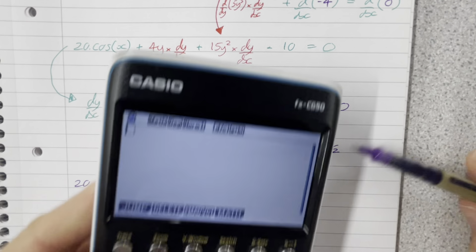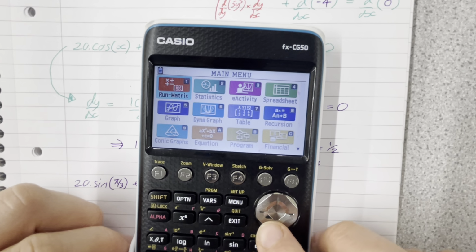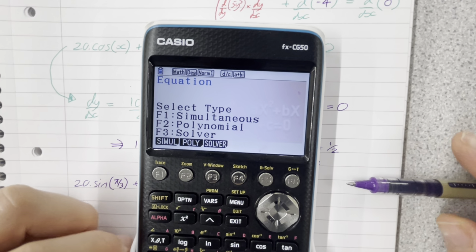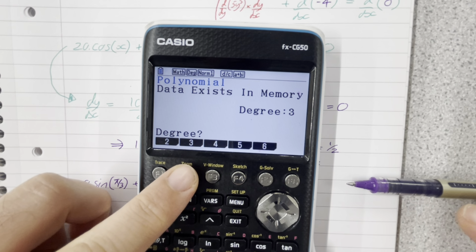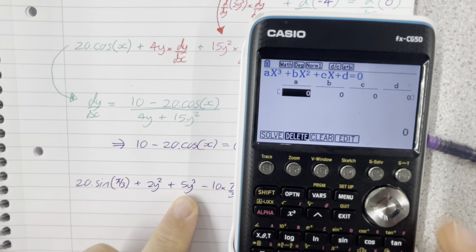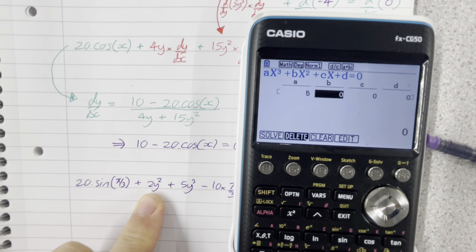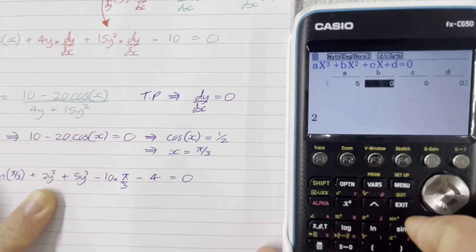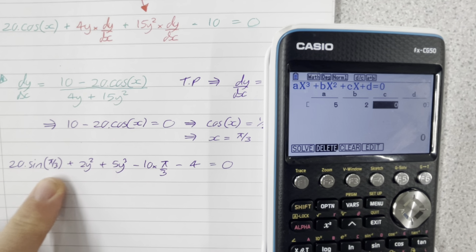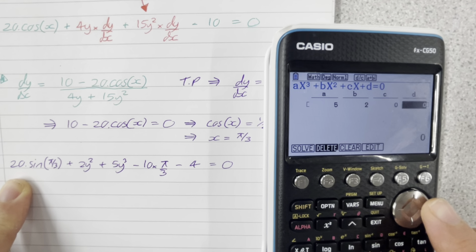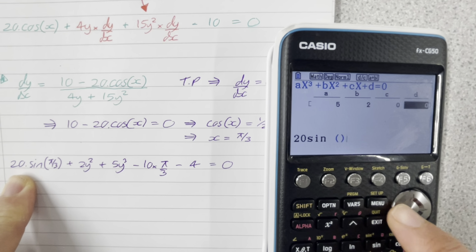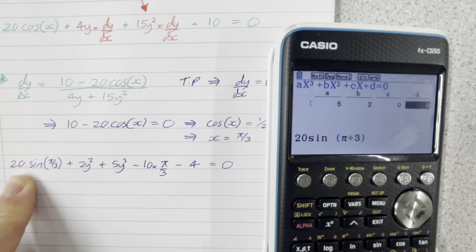So, best way to solve a cubic is to go into equation mode on the calculator. It is a polynomial of order 3, and the coefficients are 5 for y cubed, 2 for y squared, and then nothing for y, there's no coefficient of y in there. And then the constant is going to be 20 sine of pi on 3.